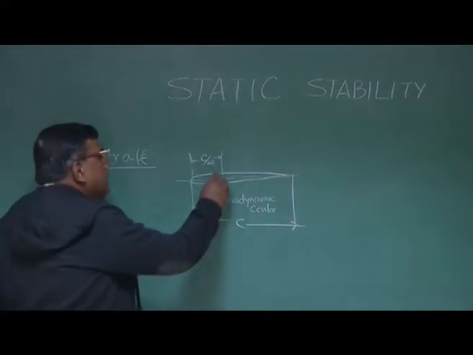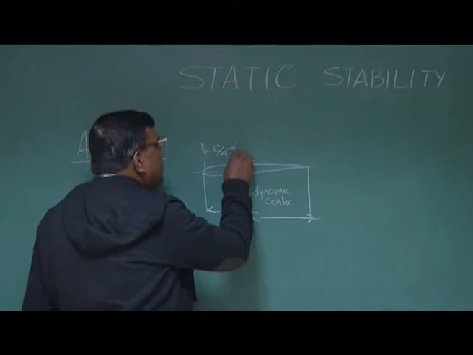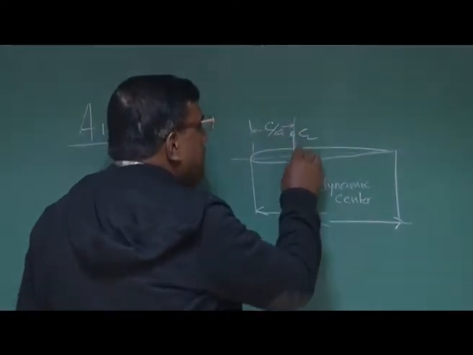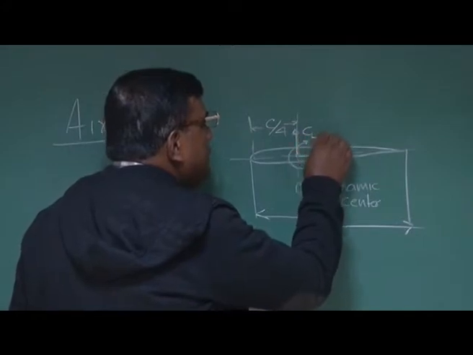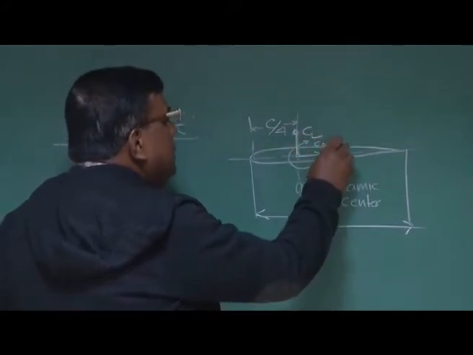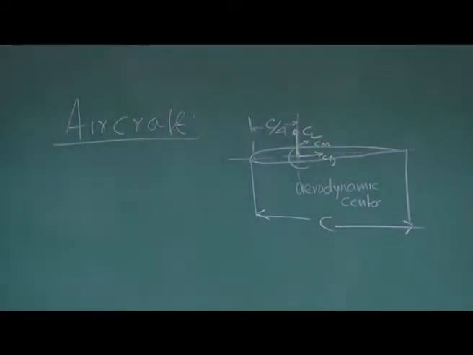So for an aerofoil, I will represent it like this: CL, CD, and in general there will be a CM. Now let us try to understand how such a configuration can generate a restoring moment to ensure it has static stability. That is the question we are addressing.